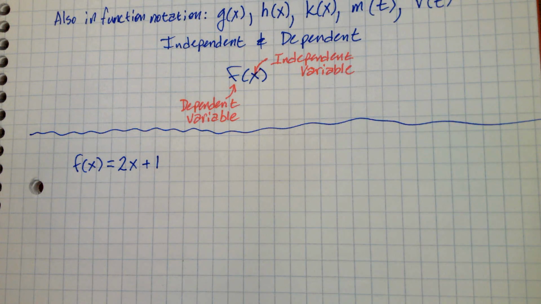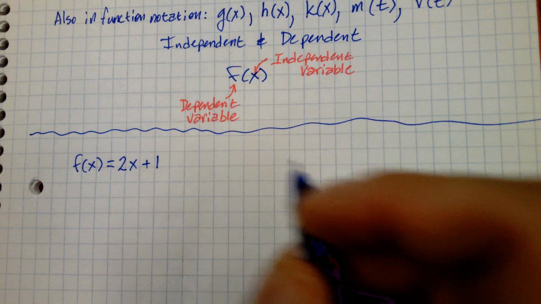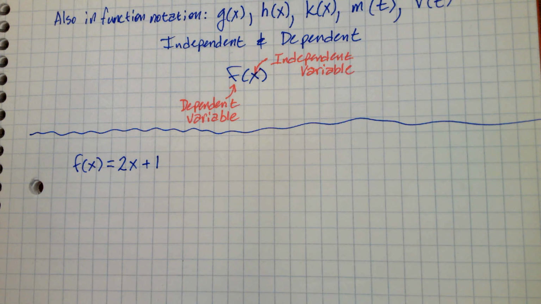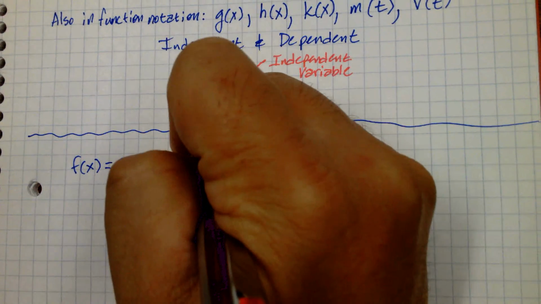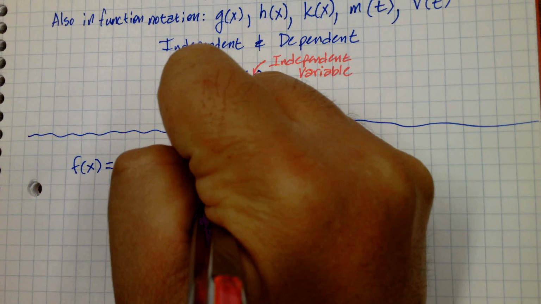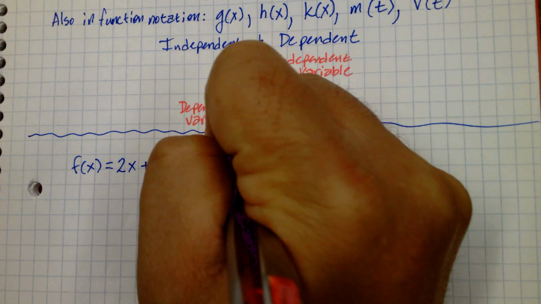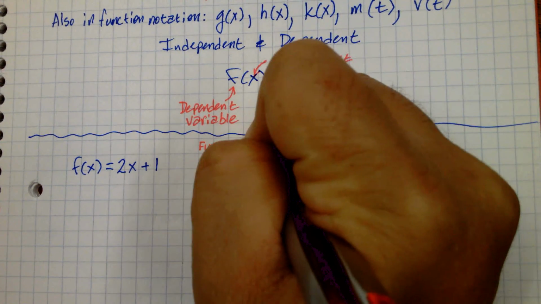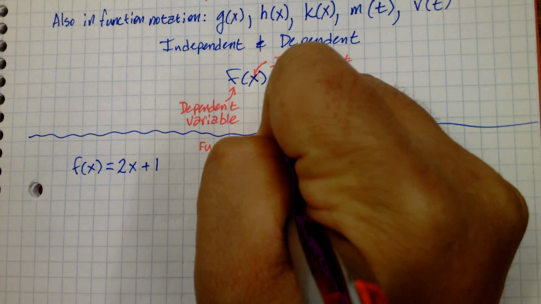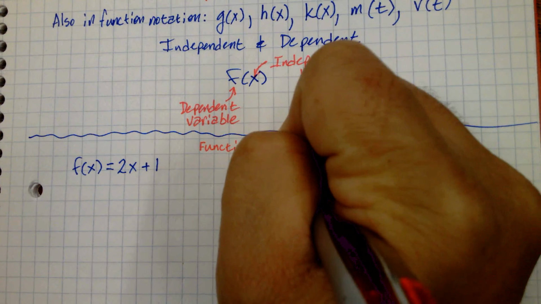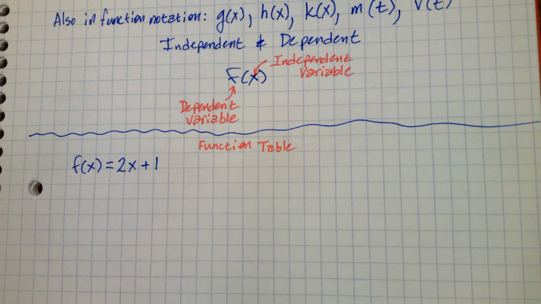So let's make a function table. Let's write that down. Function table. So we'll start with a function table.